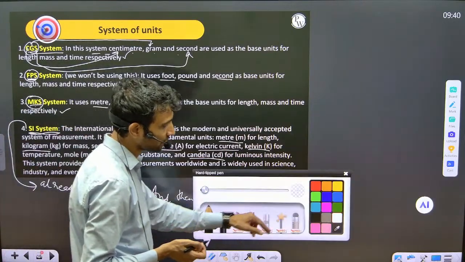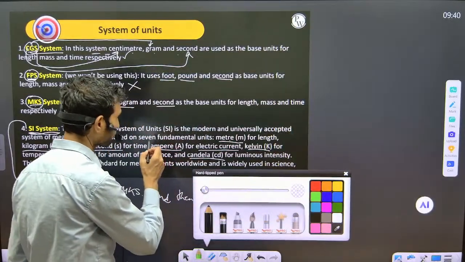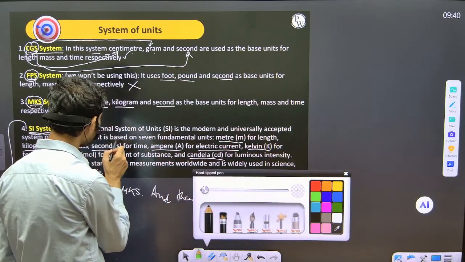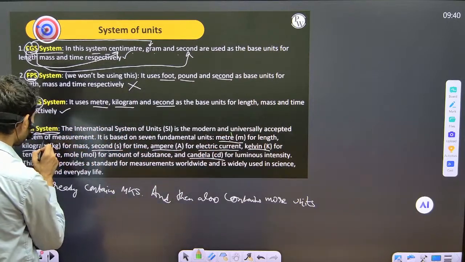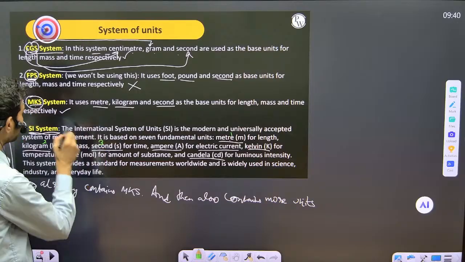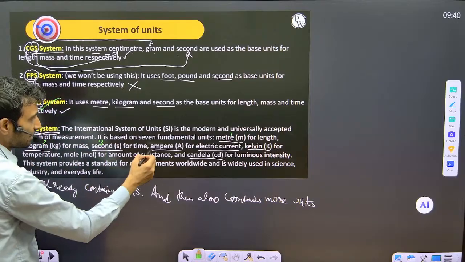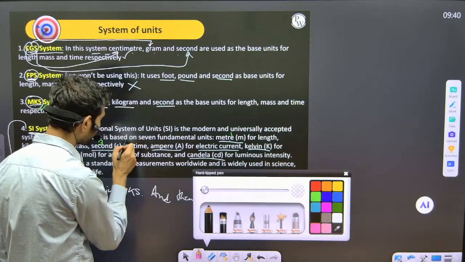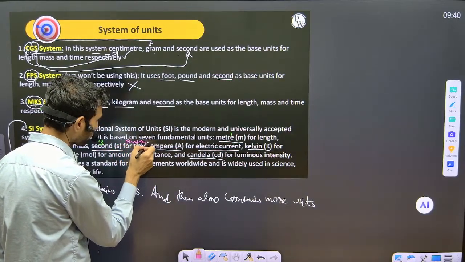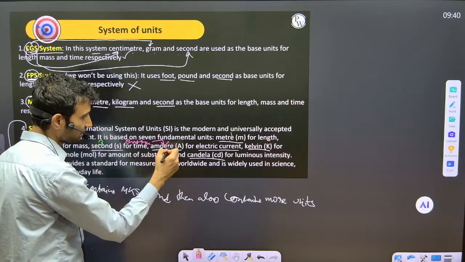If you exclude the supplementary ones, there are seven. So one, two, three. This is there in MKS also. Then this is extra. What is extra? Ampere.